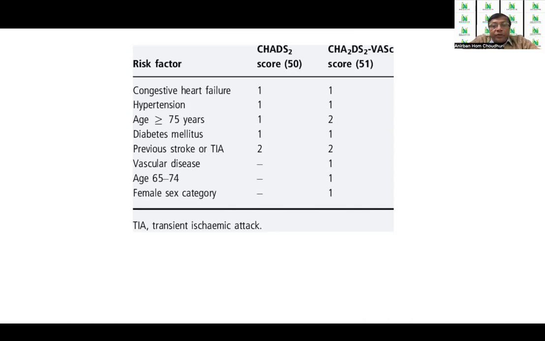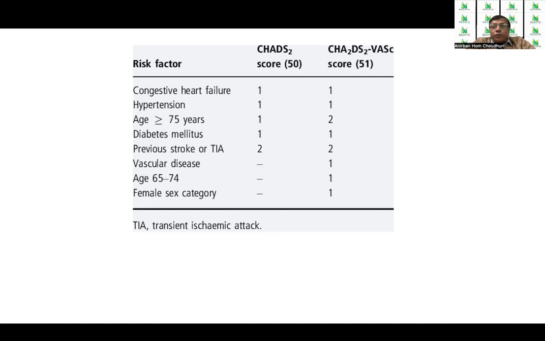There is another score, which is a modification of the CHADS2, the CHA2DS2-VASc score, where in addition to all those previous points, one more point is given to age. So age, which was 1 in the CHADS2 score, is 2 here in the CHA2DS2-VASc score. In addition, the presence of vascular disease, age between 65 to 74, and female sex are given extra points.